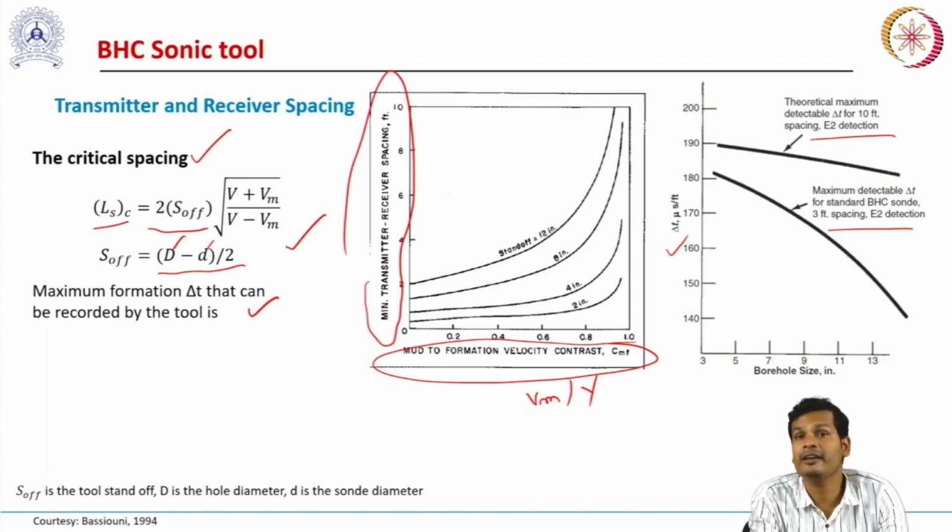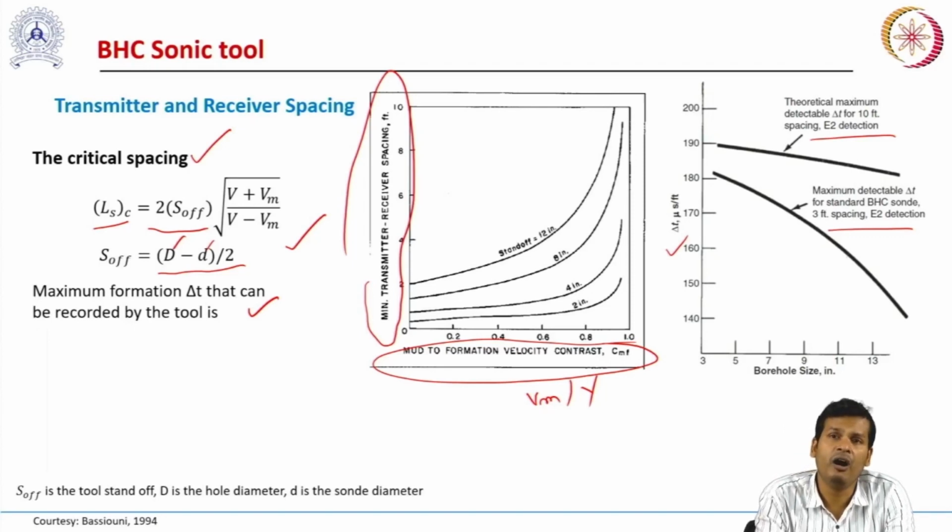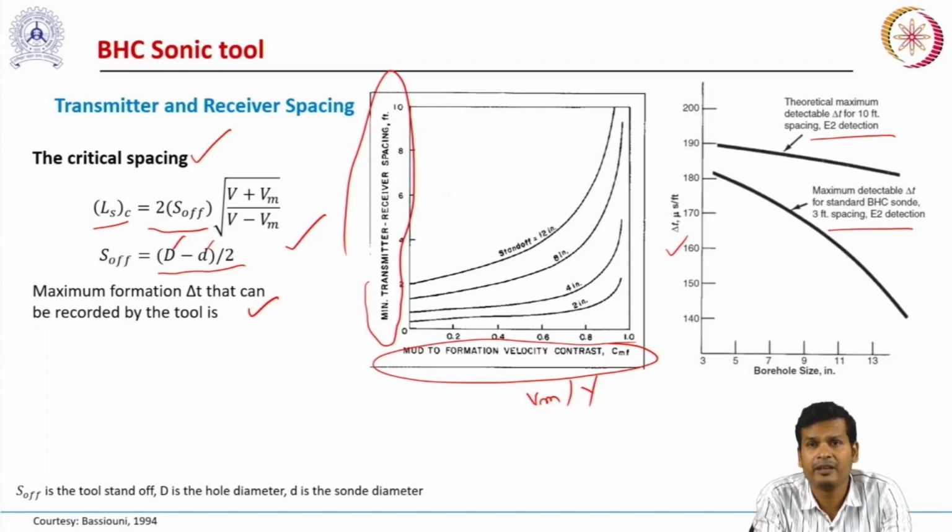Depending upon the tool spacing and the conditions expected inside the wellbore, that is, how much standoff there will be, the mud velocity, and the sound wave velocity expected inside the formation, we can make sure that our tool will be able to record the true travel time inside our formation.